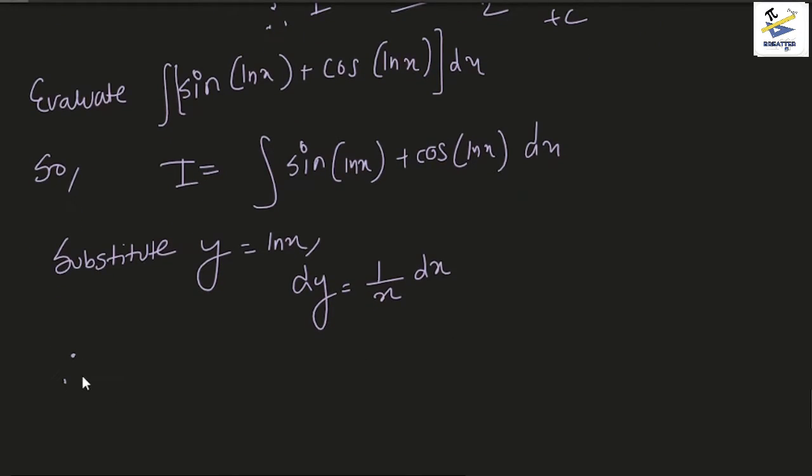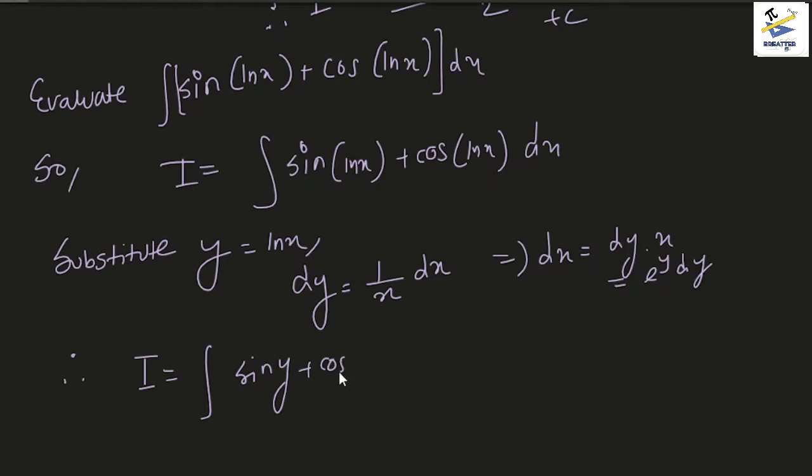Therefore, from this you can see that dx is basically equal to x dy, but we need it in terms of y, so x is basically e to the power y, so dx is e to the power y dy, right? So the integral becomes sine of y plus cos of y whole into e to the power y dy.